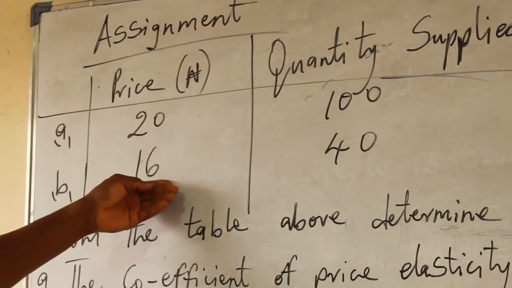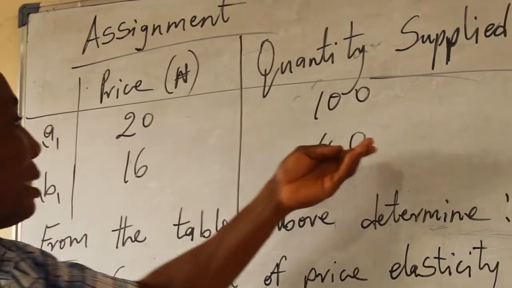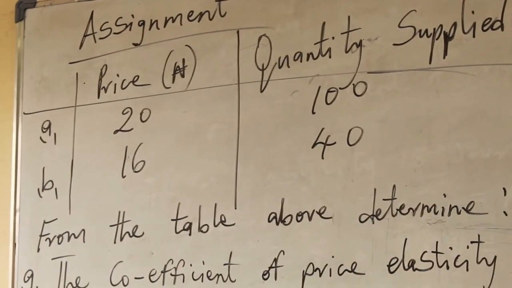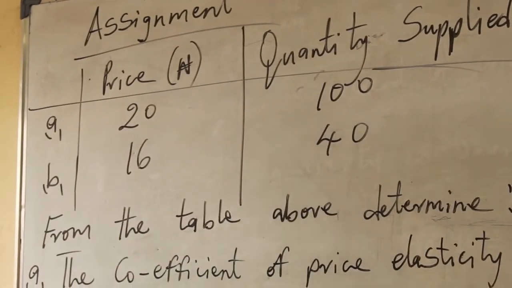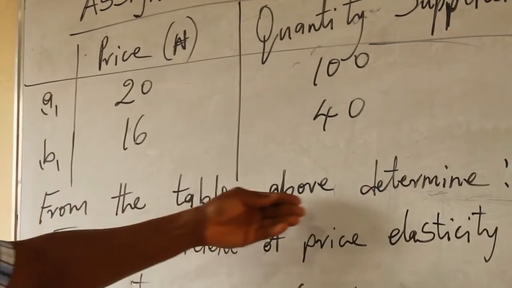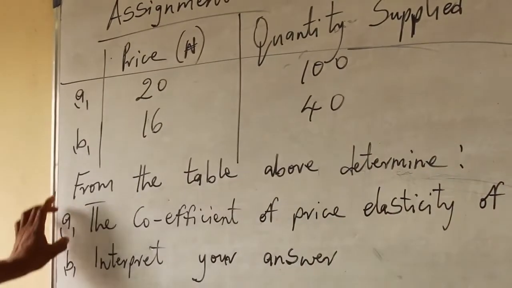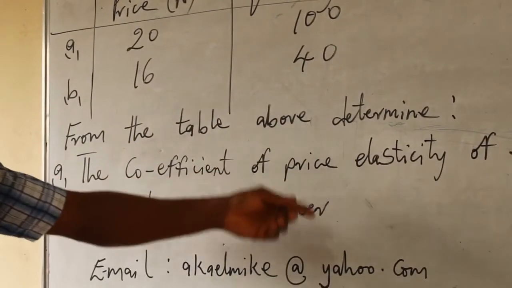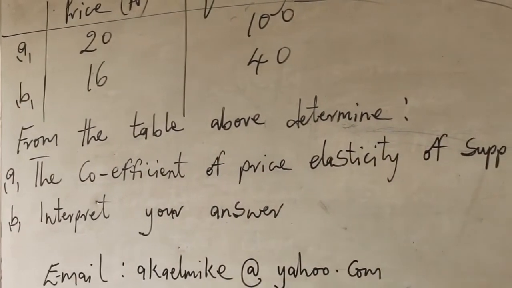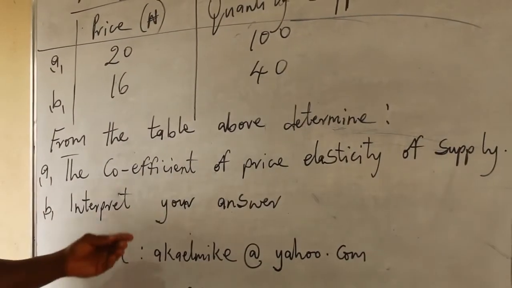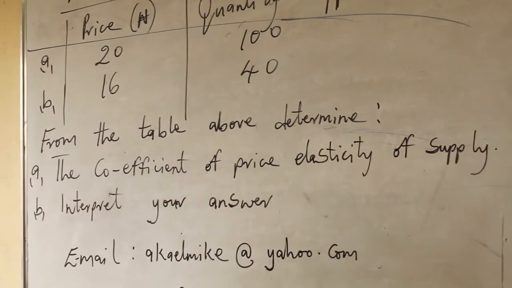Then B, we have 16 naira as our price and 40 as our quantity supplied. From the table above, determine A, the coefficient of price elasticity of supply, and B, interpret your result.